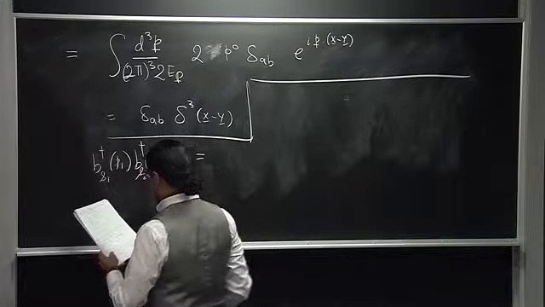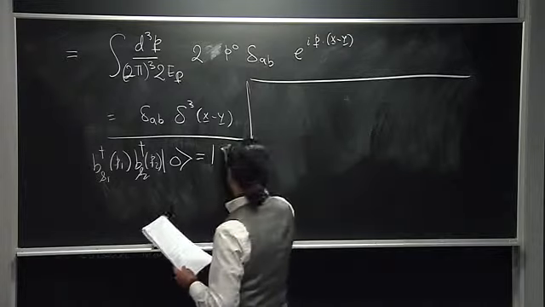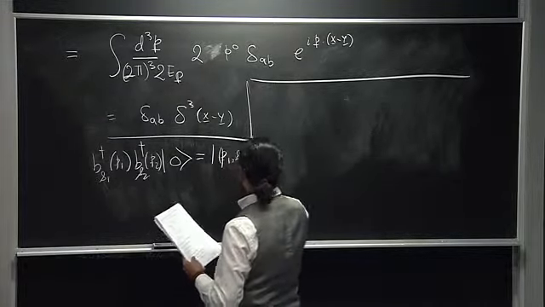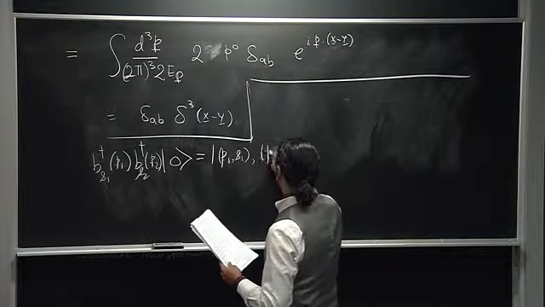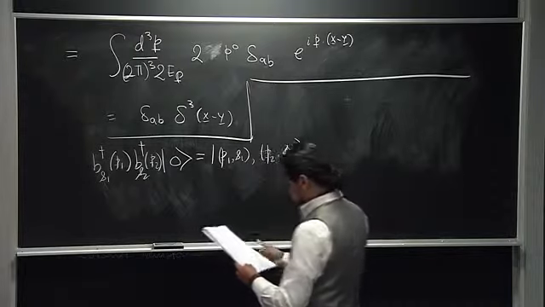So we create what I will claim is a two-particle state, with momentum p1, spin state s1, momentum p2, spin state s2. Right.